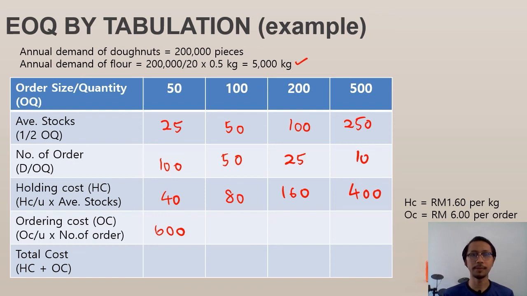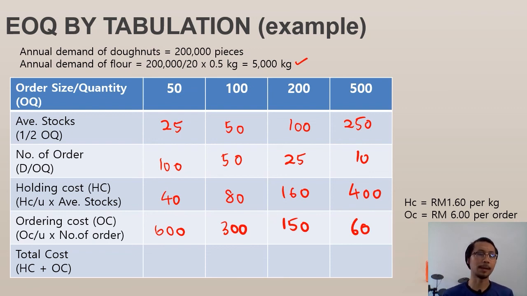Next, for number of orders 50, the ordering cost will be 50 times 6. Then you get 300 ringgit. Next, for number of orders 25 times 6, your total ordering cost will be 150. And for 10 orders, your ordering cost will be 10 times 6, which is 60 ringgit.